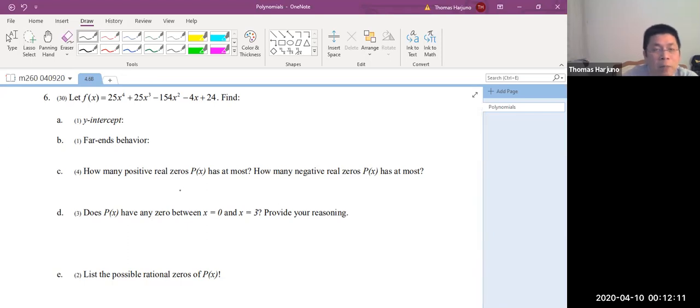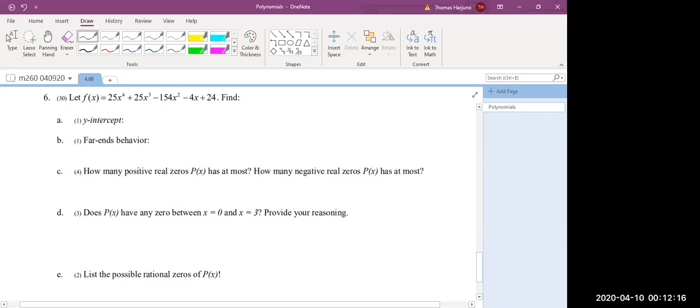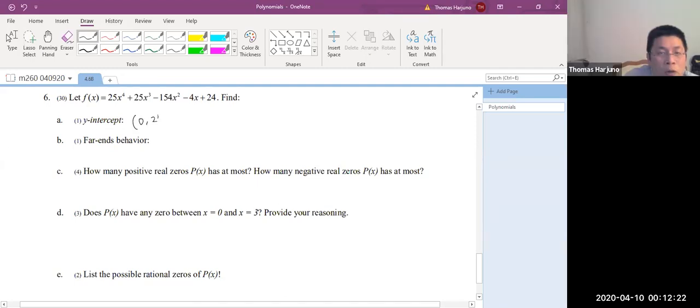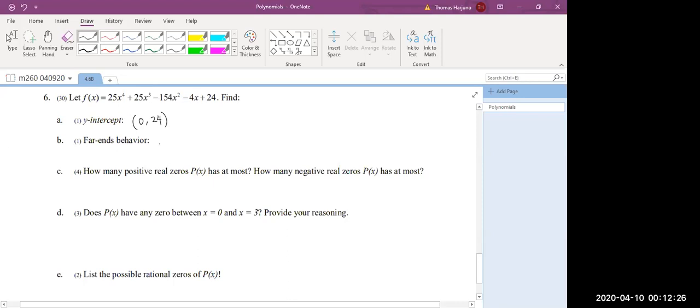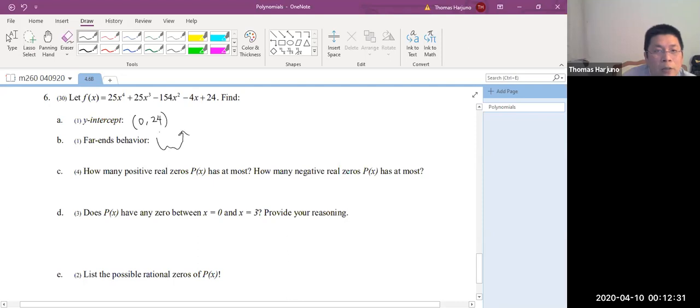What's the far end behavior? I'm sorry, the y-intercept first. 24. Positive 24, so 0, 24. How about the far end behavior? Positive infinity on both ends. So positive infinity to positive infinity.